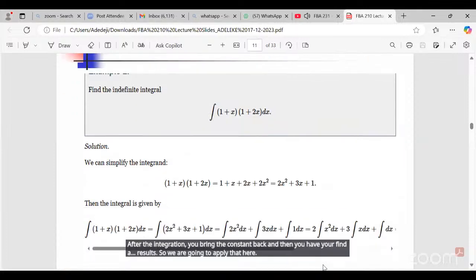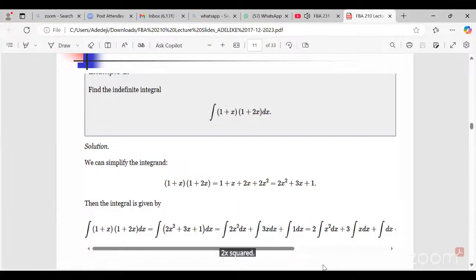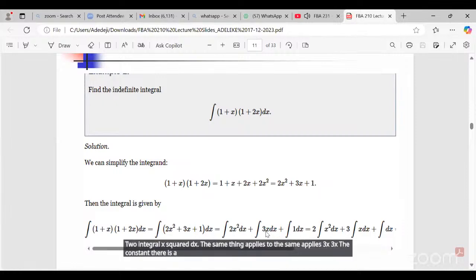2x squared. The f of x there is x squared. What is a? a is the 2. So the 2 comes out, and then I have 2 integral x squared dx. The same thing applies to 3x. The constant there, sorry, is 3.